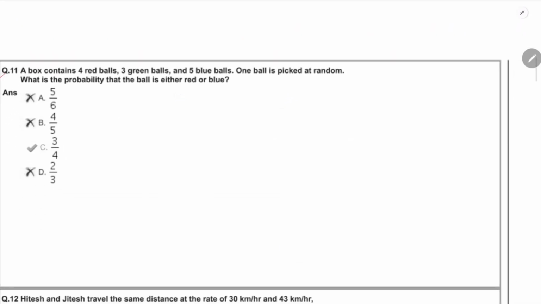A box contains 4 red balls, 3 green balls and 5 blue balls. One ball is picked at random. What is the probability that the ball is either red or blue? Total balls is equal to 4 red, plus 3 green, plus 5 blue. So the total is 12 balls.